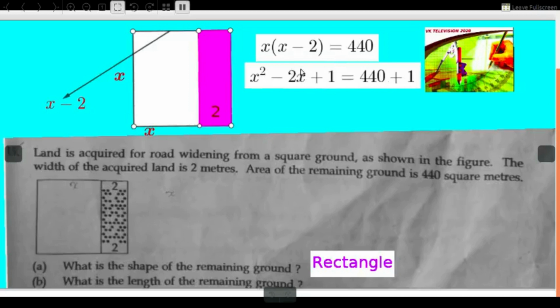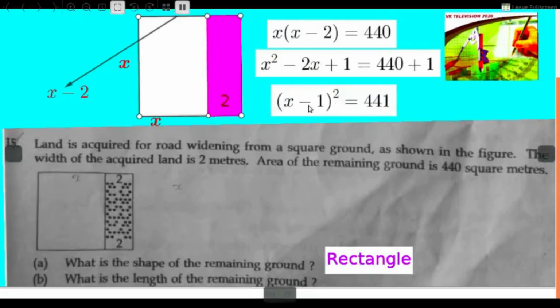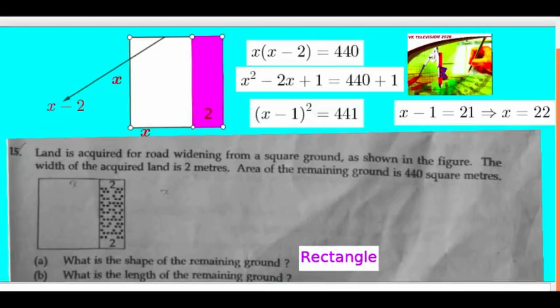We take half of the coefficient of x, that is minus 2 by 2, which is minus 1, then take the square of that number, that is 1. So x minus 1 all square is equal to 441. x minus 1 is equal to 21. x is equal to 22. That is, the length is equal to 22.